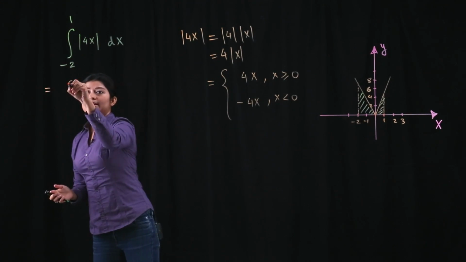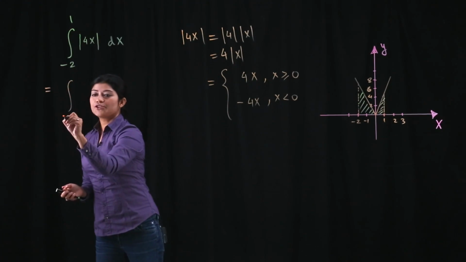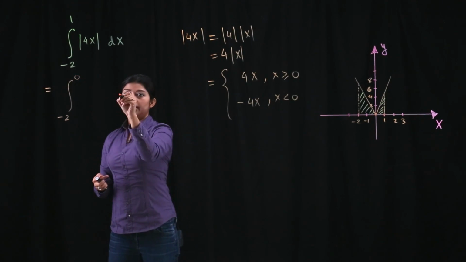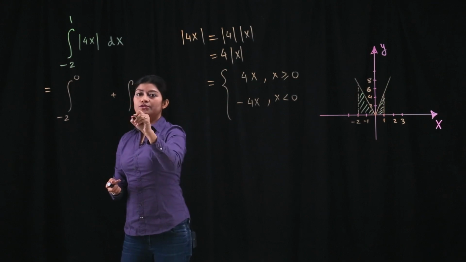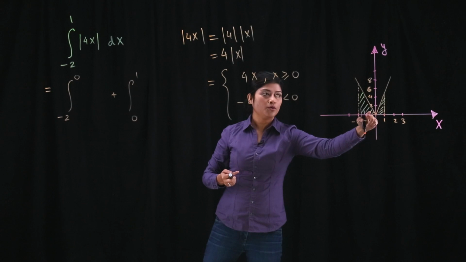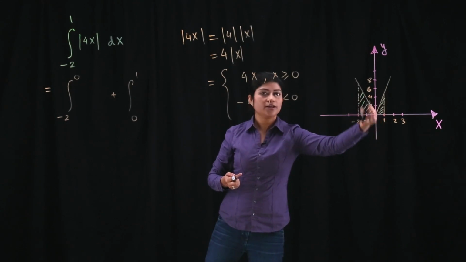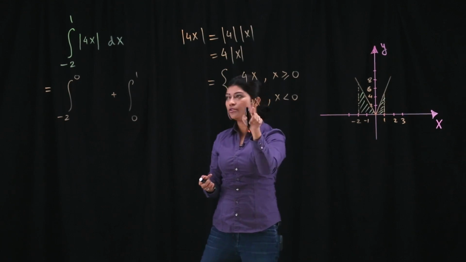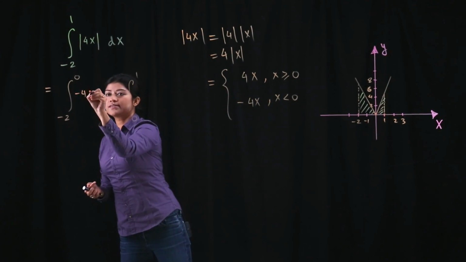So we can say that this definite integral is actually going to be one from -2 to 0 and the other one from 0 to 1. Now notice from -2 to 0, what does this line look like? Well, this is for x less than 0, so it looks like -4x.